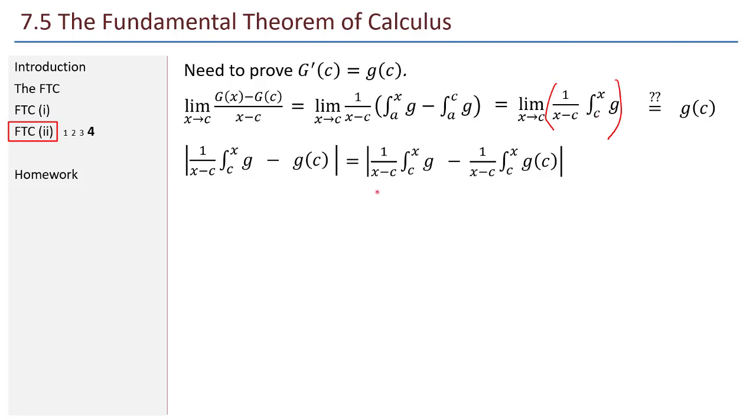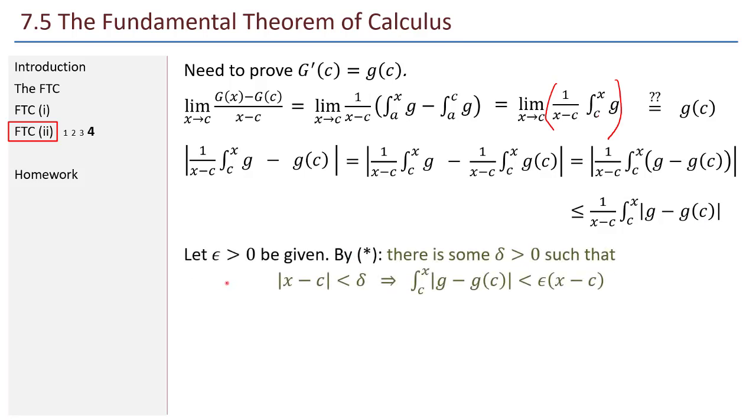But now, these two terms inside the absolute value can be combined, and I get the absolute value of this expression. One last step. Now let's take the absolute value and bring it inside, and I get less than or equal to 1 over x minus c, integral from c to x, absolute value of g minus g of c. And this looks like something we saw in the star expression.